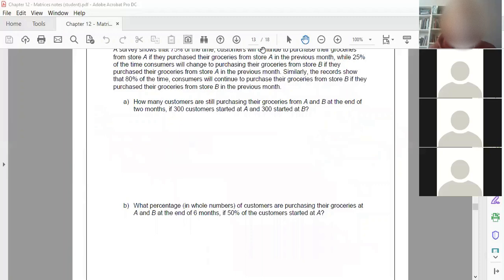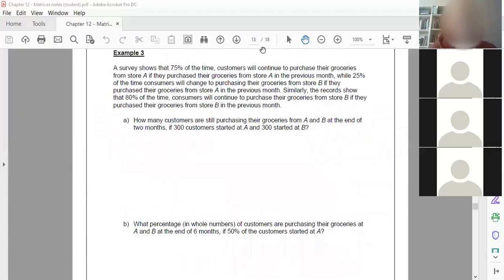Example 3. Says, a survey shows that 75% of the time customers will continue to purchase their groceries from store A if they purchase their groceries from store A. So 75%, store A, store A. While 25% of the time consumers will change to purchasing their groceries from store B if they purchased their groceries from store A in the previous month.